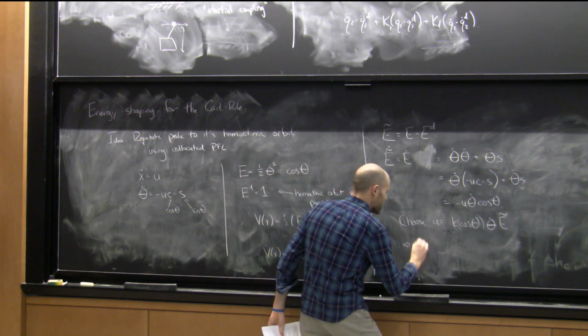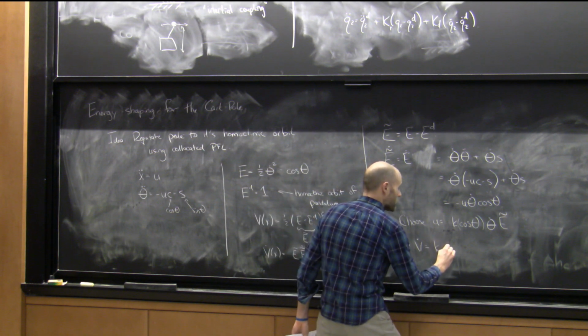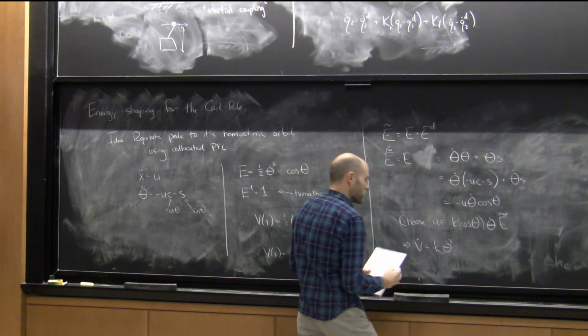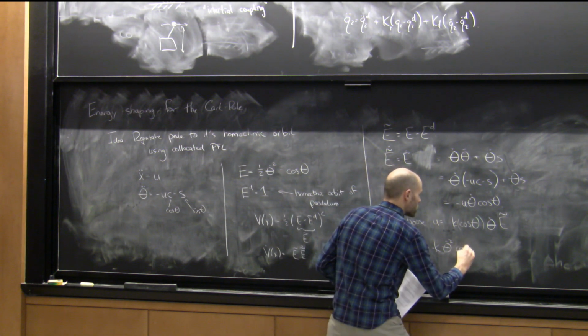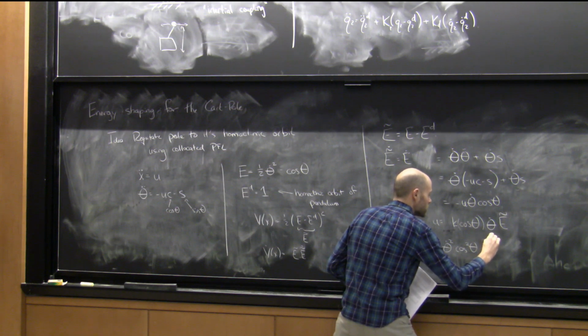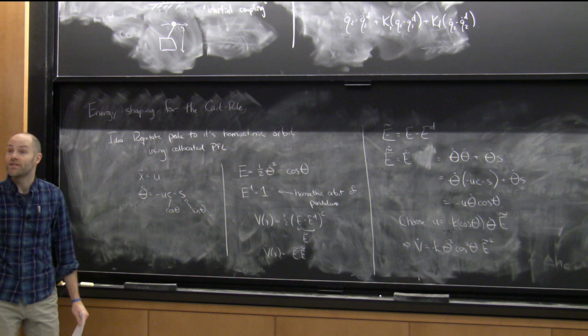This implies that V dot is negative K theta dot squared cosine squared theta, E tilde squared. Okay? And it's going downhill.